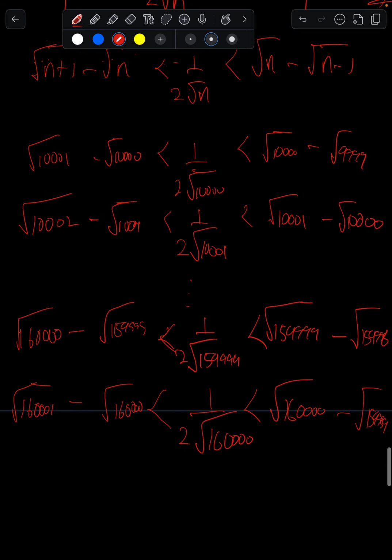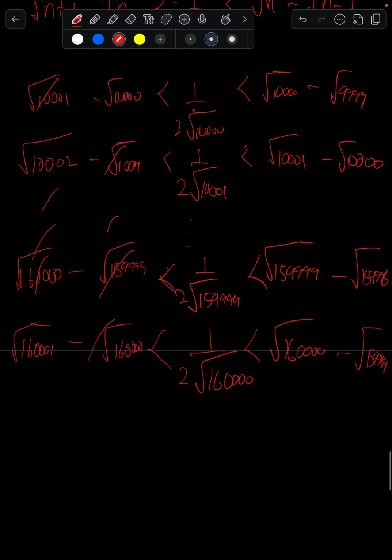Now add them, so a lot of terms will cancel. That means this will cancel, this and this will cancel, this and this will cancel. So on the left side you're gonna have this and this will also cancel.